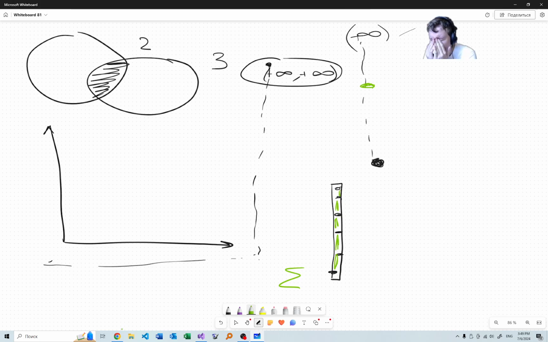Okay, actually, so we have several segments here and several segments here. So let's say that they are intersecting if there is like a domino like this. Actually, the number of edges will be linear. Yeah, it will be linear just because, well, it cannot be very big.